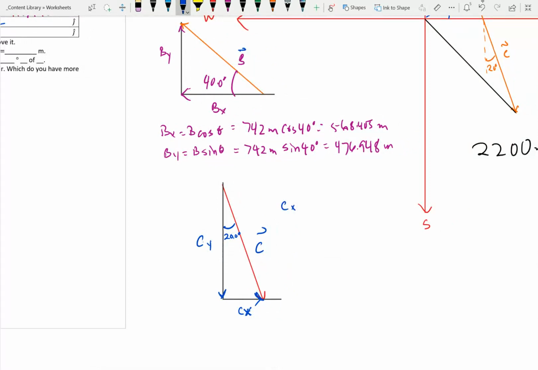So opposite side means it's going to deal with sine. So that's going to be 971.337 meters. Cy, that's the adjacent side, so that has to do with cosine.